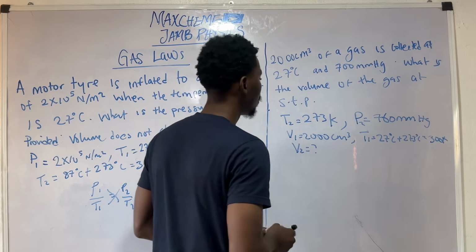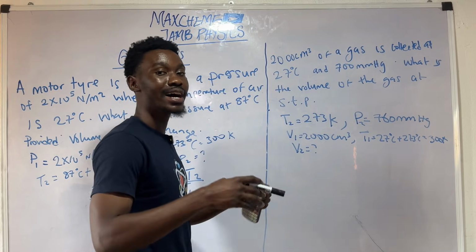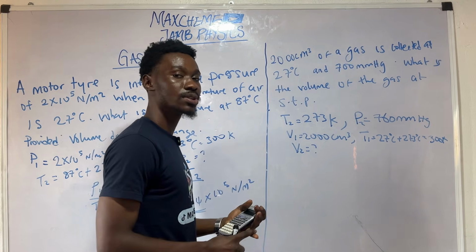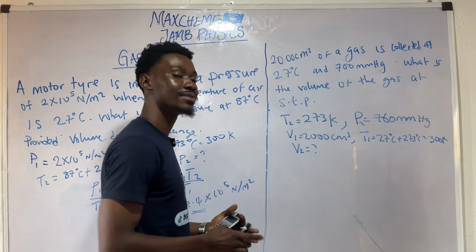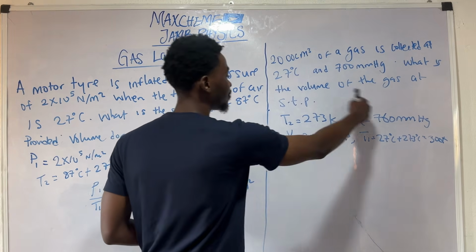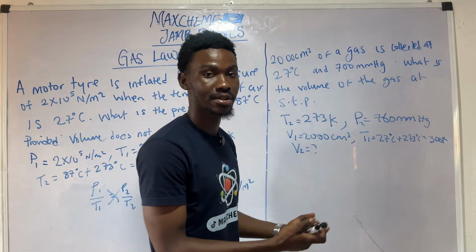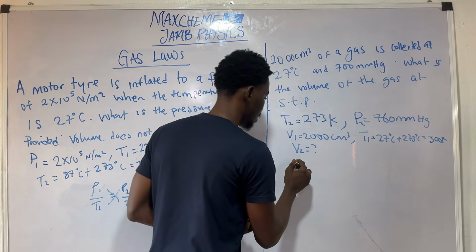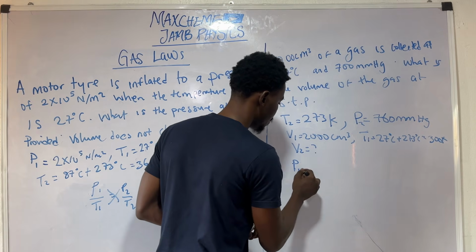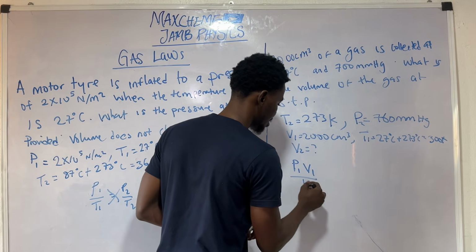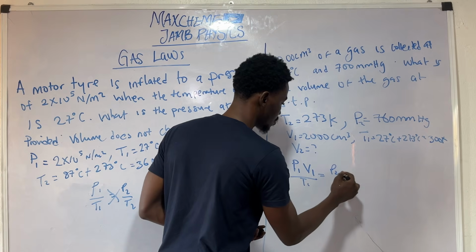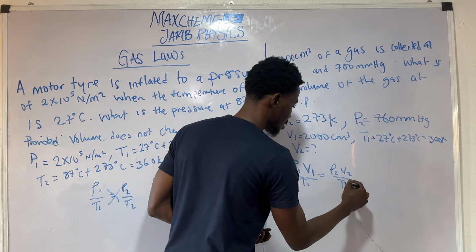If you can recall, the law that connects Boyle's law, Charles' law and pressure law is known as the general gas law. And we have all the parameters here, so we know we are using the general gas law. The general gas law is P1 V1 over T1 is equal to P2 V2 over T2.